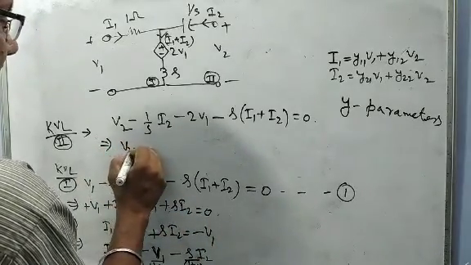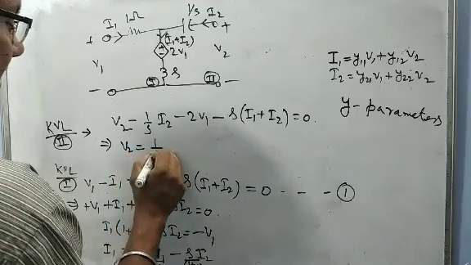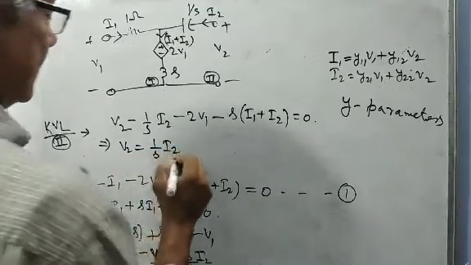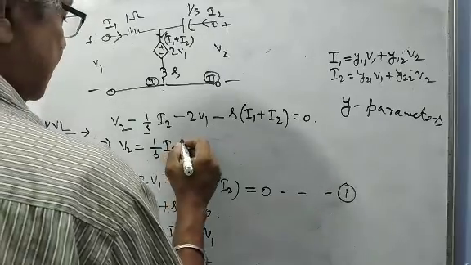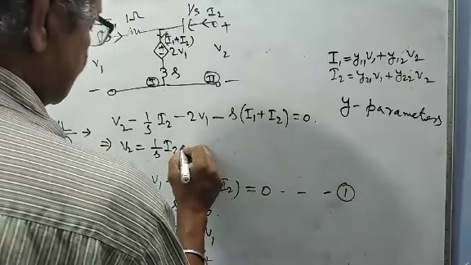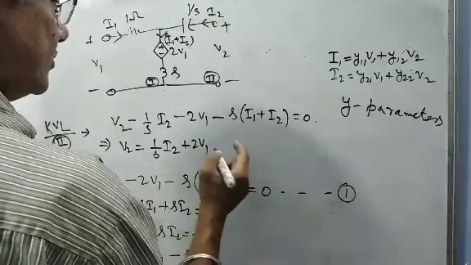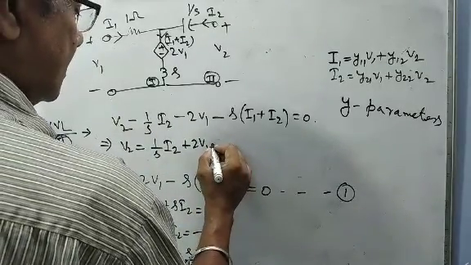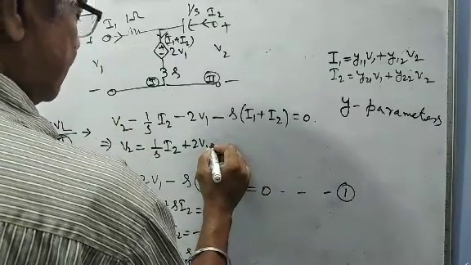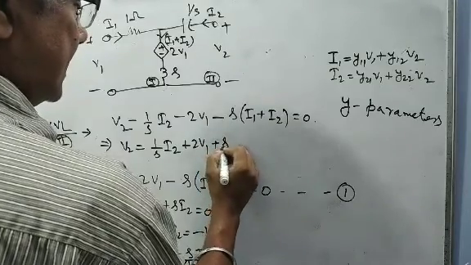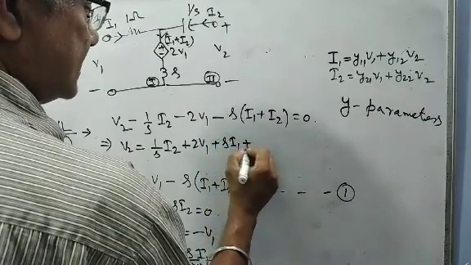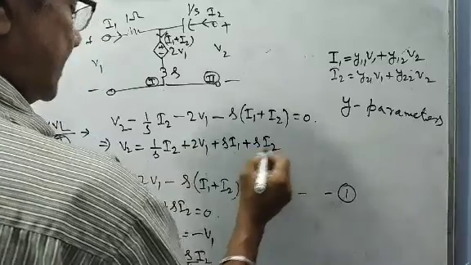This is very easy part, only the equation juggling is there. So 2V1, all that is going to the right hand side, plus SI1 plus SI2, isn't it?